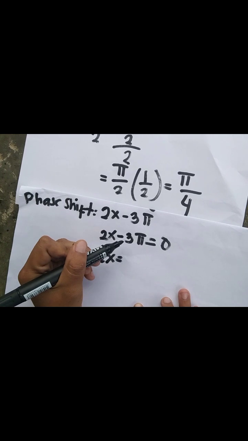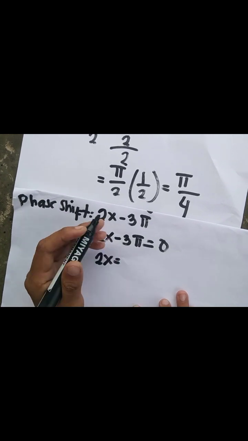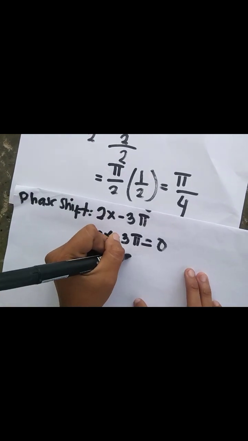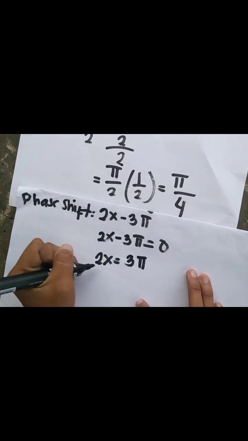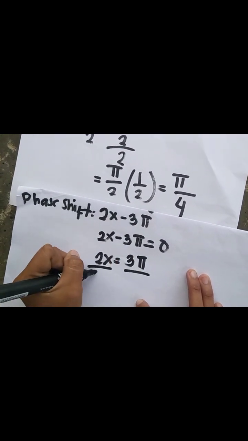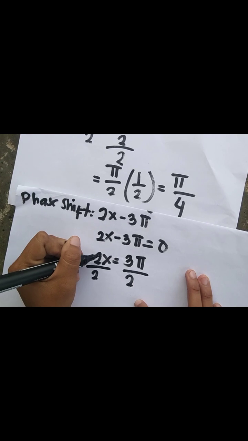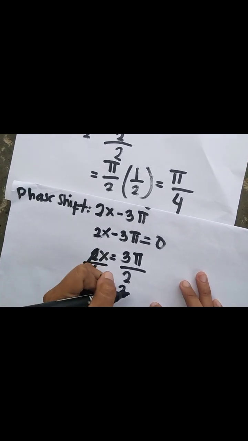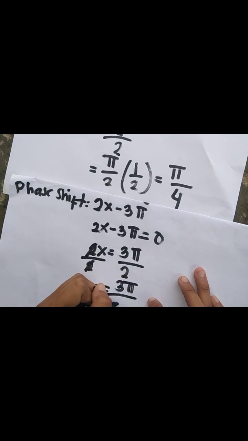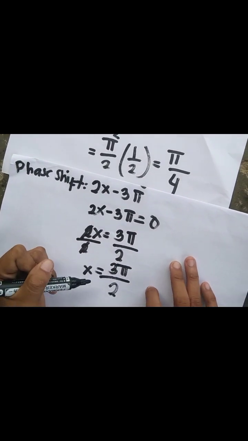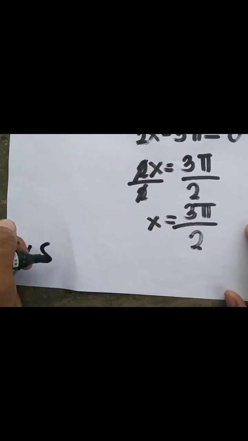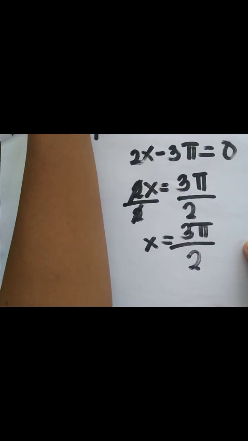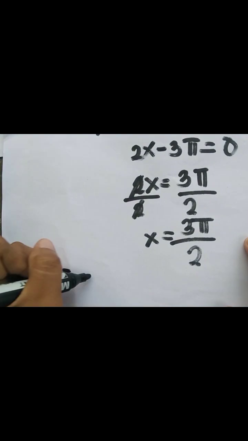Transpose negative 3 pi, so it will become positive 3 pi. Divide both sides by 2. Cancel 2. x equals 3 pi over 2. So this is our phase shift. And our vertical shift is negative 6.